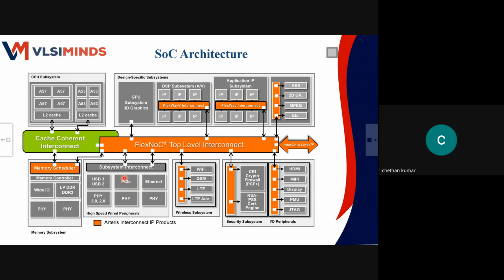Peripheral means some external device. That is not part of my chip, not part of my system. Some external device has been connected to my system. Now, how does the communication happen? We can use the AMBA protocol, sorry, we can use APB.